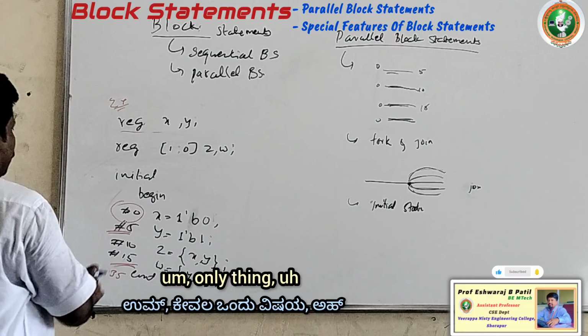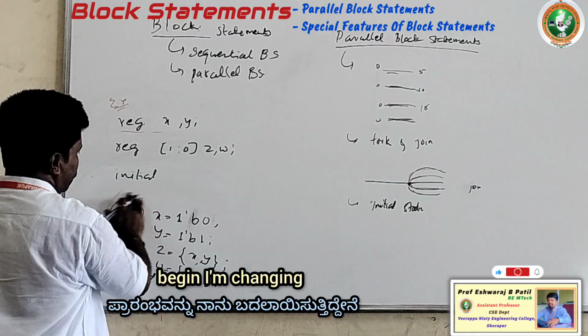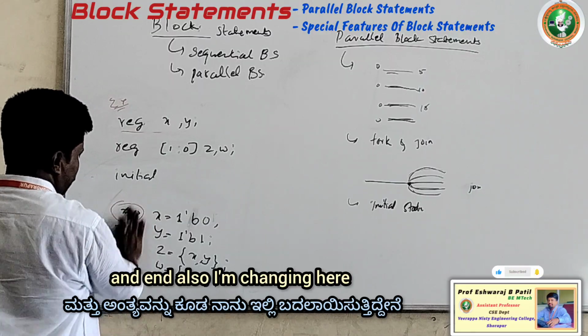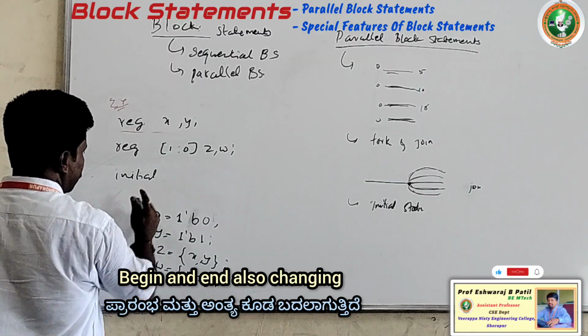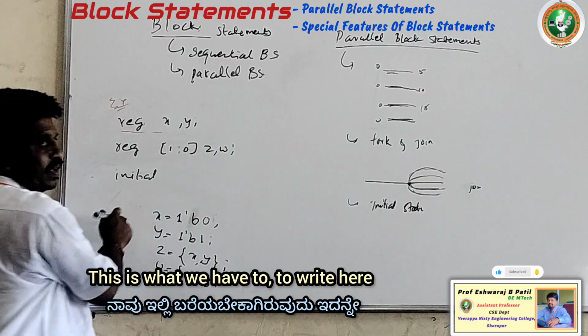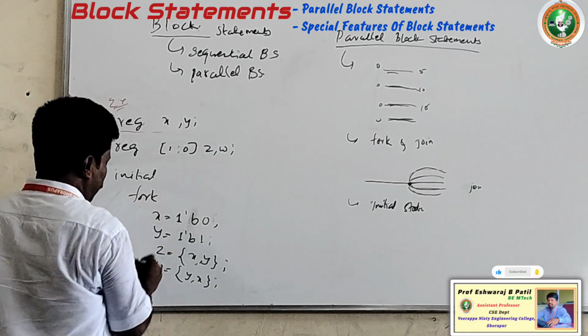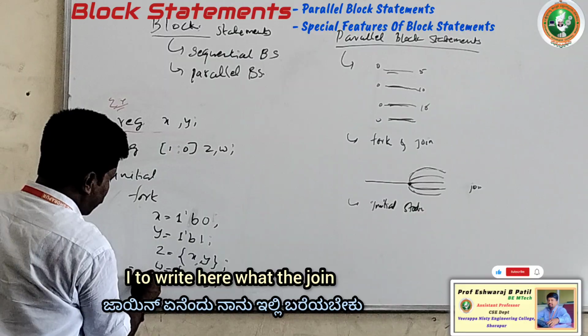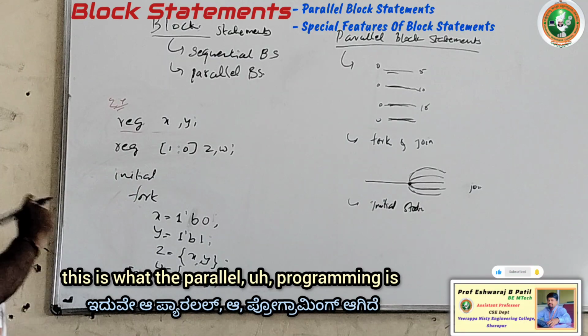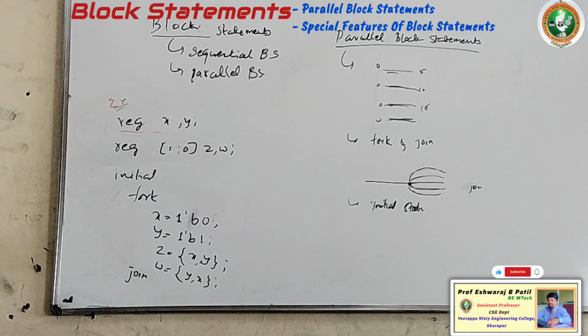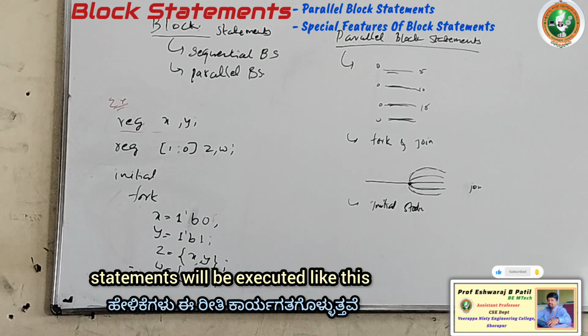The only thing I am changing is begin and end. Begin, this is what we write here as fork. I have to write here join. This is how parallel programming, parallel block statements, will be executed.